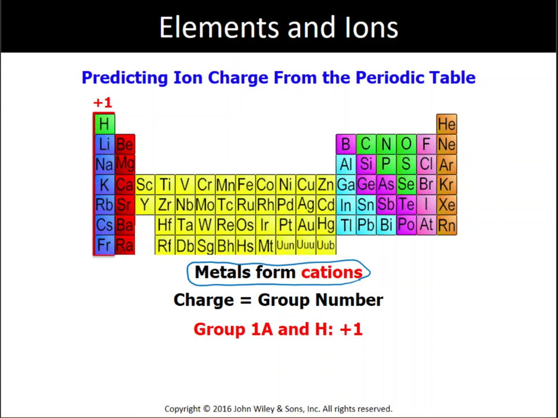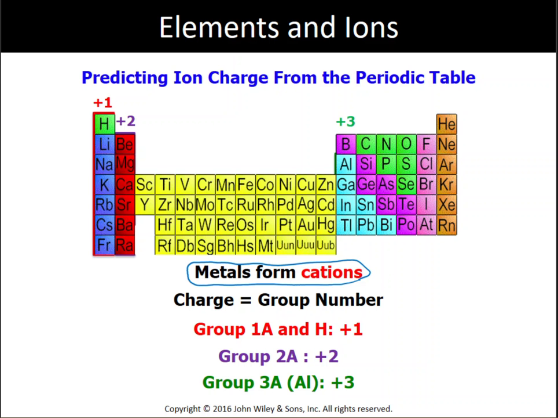All the metals in group 2A have a 2 positive charge. And from group 3A, only aluminum has a fixed charge of positive 3. Gallium, indium, and thallium can have a positive 3 charge, but they can have other charges too.